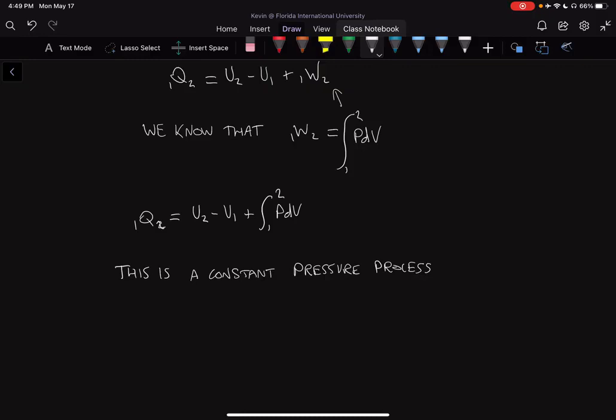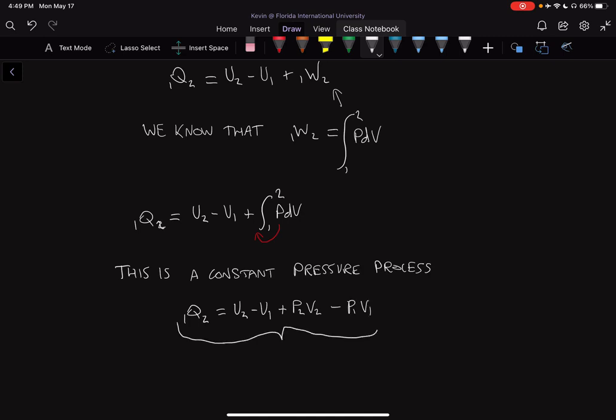Since it's a constant pressure process, we can take the P out of this integral. The P is constant. And what that means is that we can rewrite the equation as Q from 1 to 2 is equal to U2 minus U1 plus P2 V2 minus P1 V1.